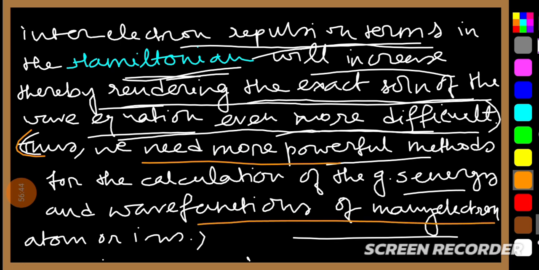So for a many electron system or ion, if you want to determine the ground state energy along with the wave function, you need a more powerful method, because the previous two methods are unable to do this. That is the thing, right? Since your earlier two methods cannot do this, you need a more powerful method that will help determine the ground state energy and wave function of multi-electron systems, or more than one electron systems. You need a powerful method that can determine the ground state energy and wave function of a multi-electron system.